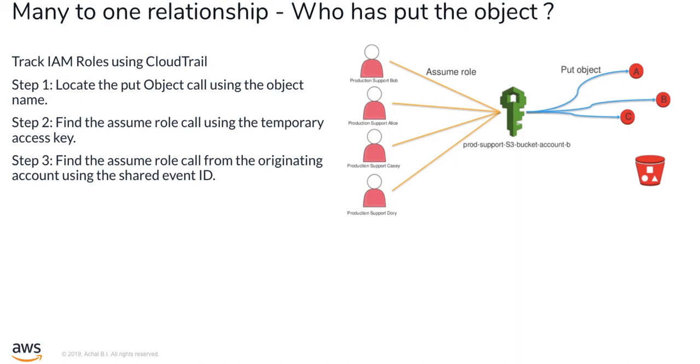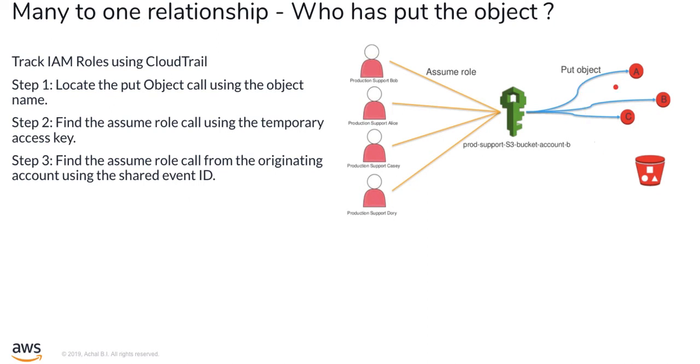You might be wondering, when it comes to security, earlier we discussed the many to one relationship. If you are attaching a single role to many users, how would you track who did what? Let's say there are five users here. They are assuming a role, and after assuming the role, they are doing three different actions.